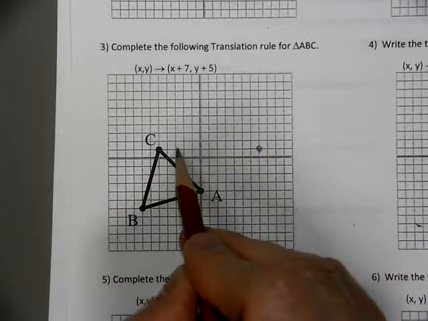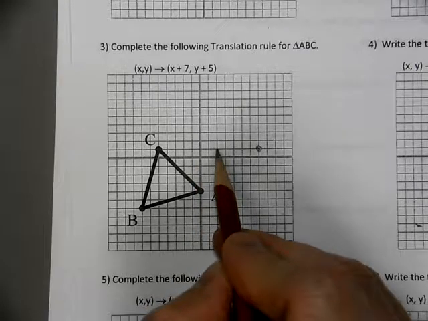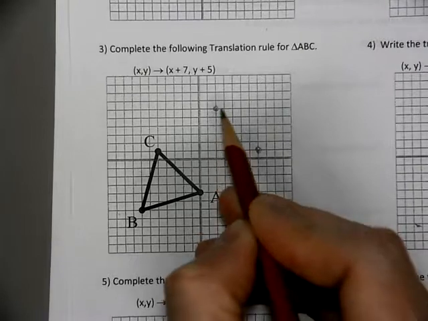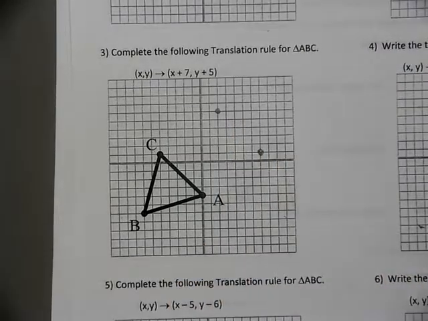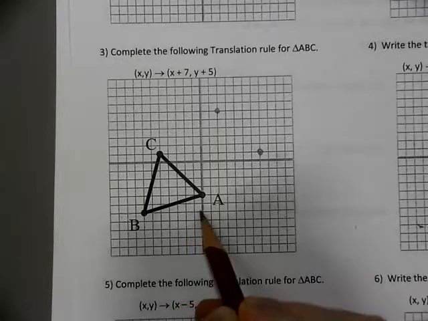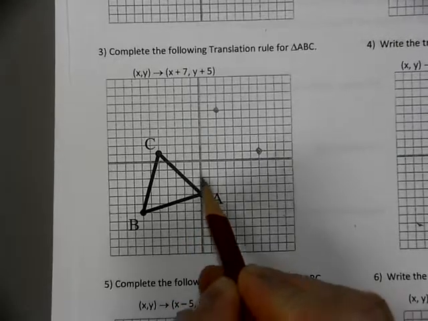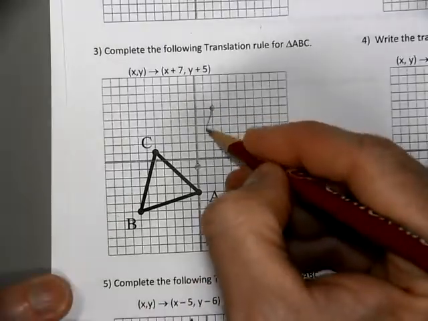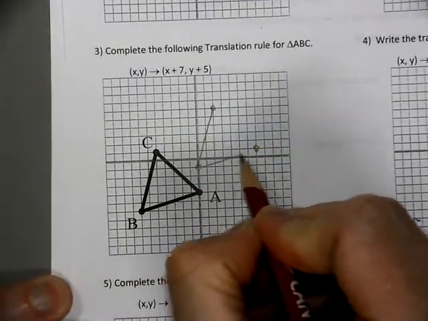Seven to the right, 5 up. And over 7 and up 5. So we have our 3 points that have all been translated.